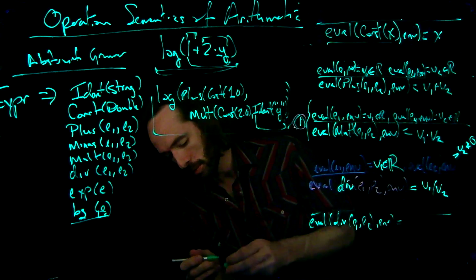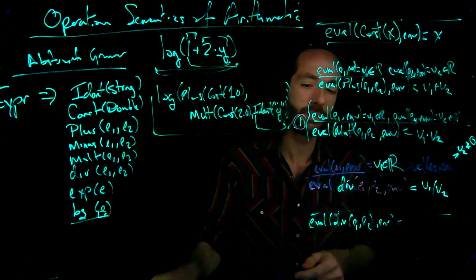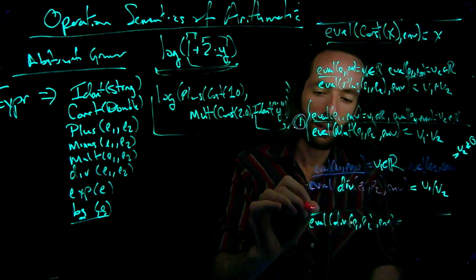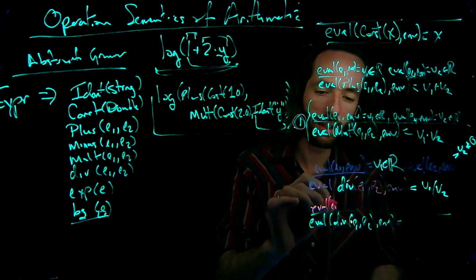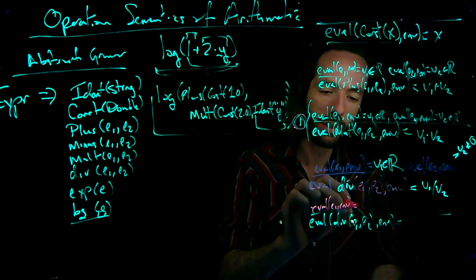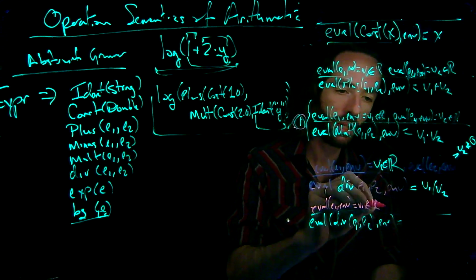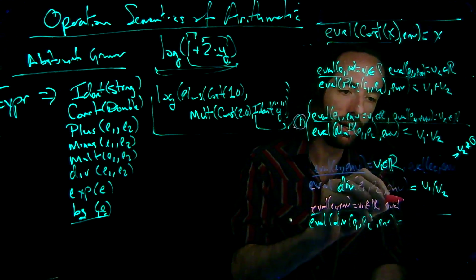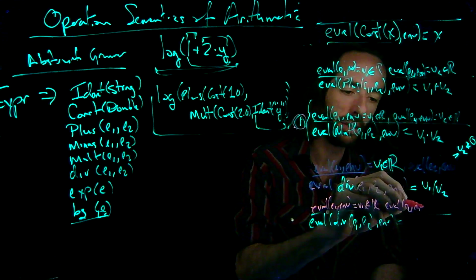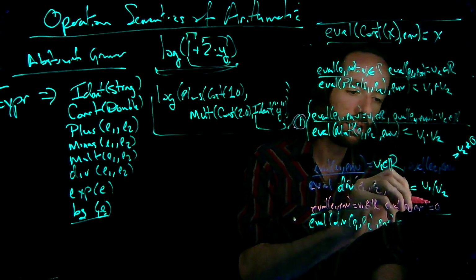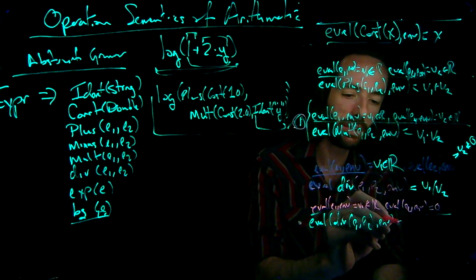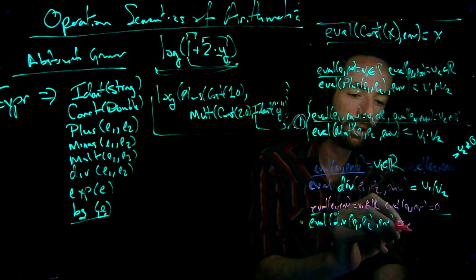This pen is dying as well. All right, so we evaluate e1 under the environment. That'll be v1, which will be a real number. And then we evaluate e2 under the environment, and if that's 0, then what should our total division be?